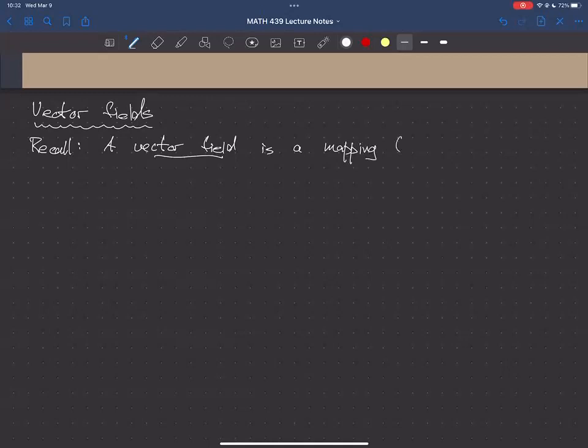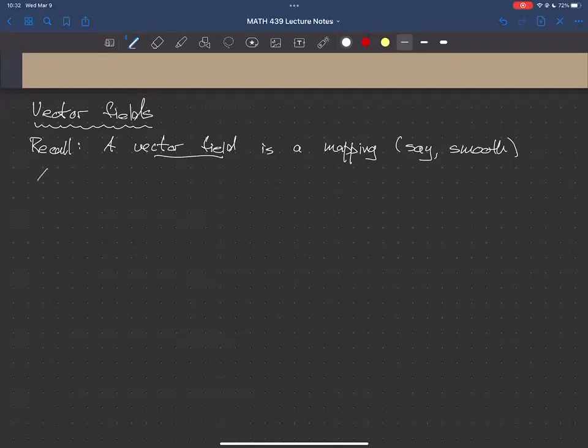Okay, and so if I don't say anything else, I'm assuming that it's infinitely differentiable or smooth. And if I want to say more about that, then I will explicitly say what its regularity is, like C1 or C2 or something like that. Okay, so if I don't say anything, it's smooth.